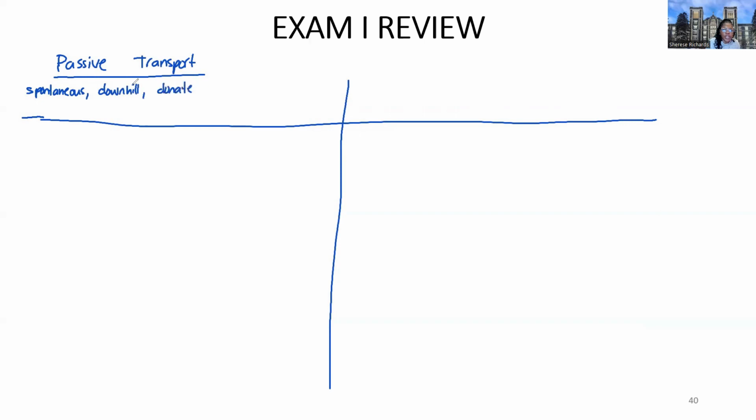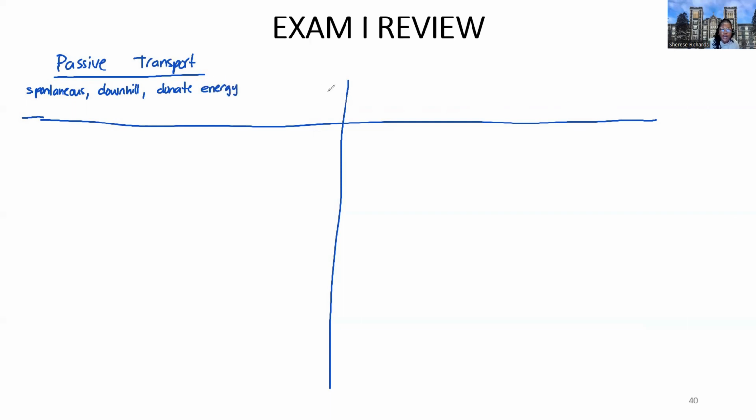and it is going to donate energy. This is extremely important to understand as it applies to secondary active transport. We need to remember that when things move down their concentration gradient, they give up or liberate energy. So it's going to donate energy.